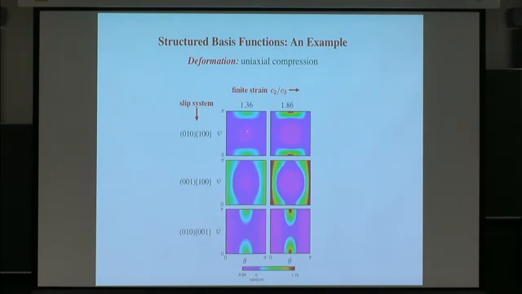And this shows the basis functions as a function of finite strain. So here is a somewhat low finite strain. Second column is a larger finite strain. And what you can see is it's essentially the same function, very similar function, but the amplitude is getting larger here. It's getting more peaked.